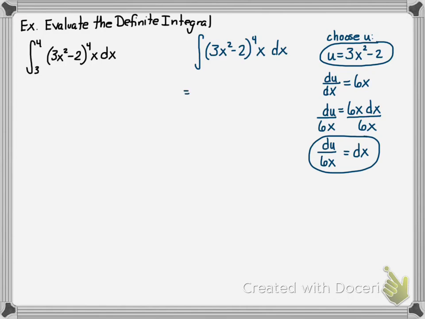Okay, so back to our indefinite integral. Our indefinite integral will now be the integral of, we're going to make our substitutions, so instead of (3x squared minus 2) to the fourth, we will have u to the fourth times x, and instead of dx, I have du over 6x.